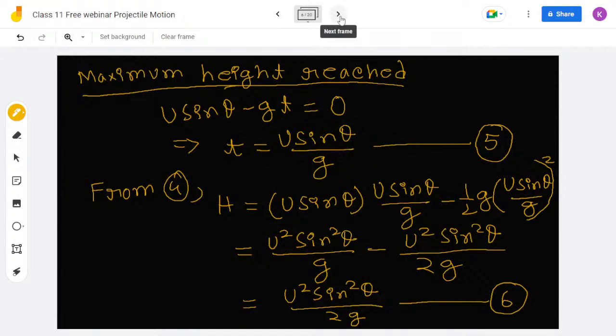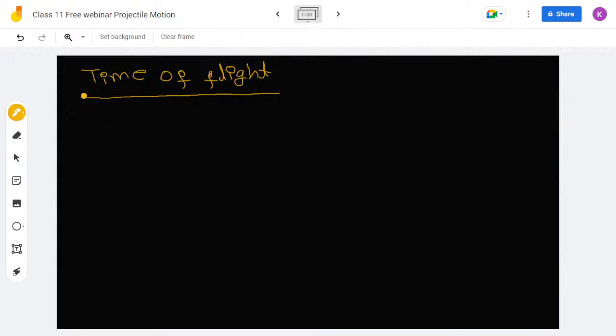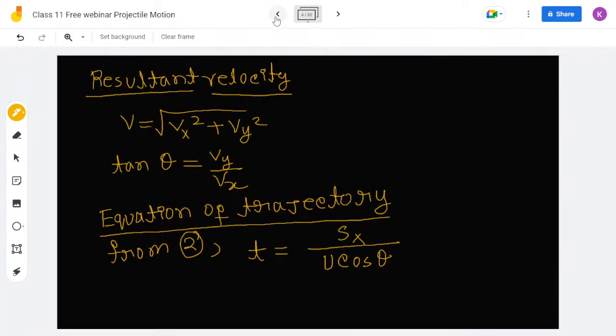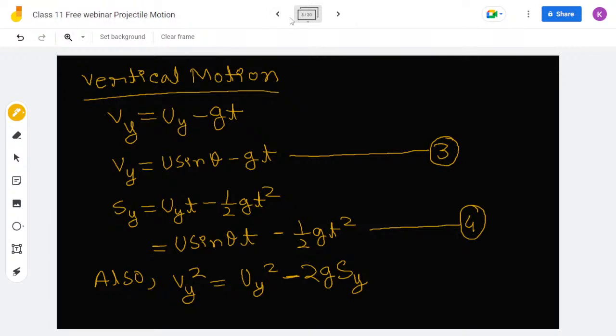So now let's try to find out the total time taken for the whole projectile motion. From equation number 4, we can say that Sy equal to u sin theta t minus half gt square.